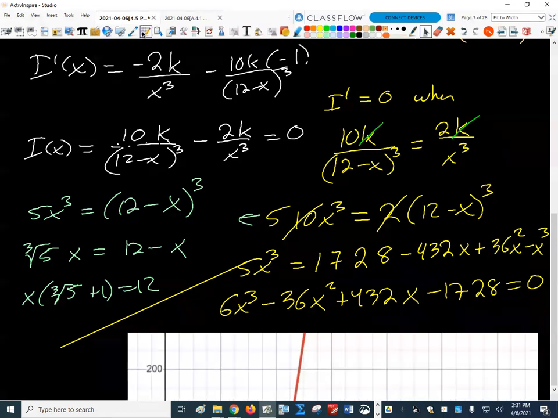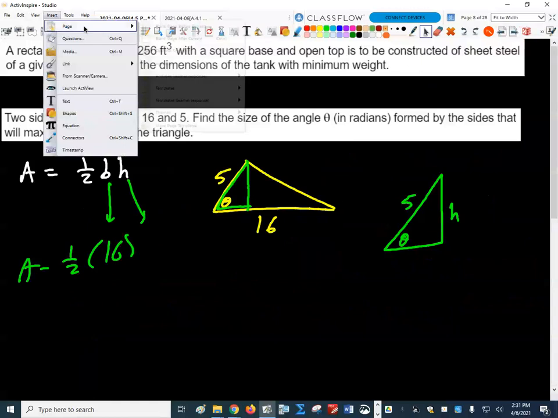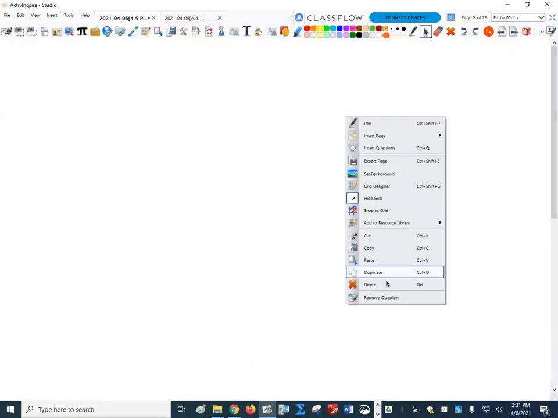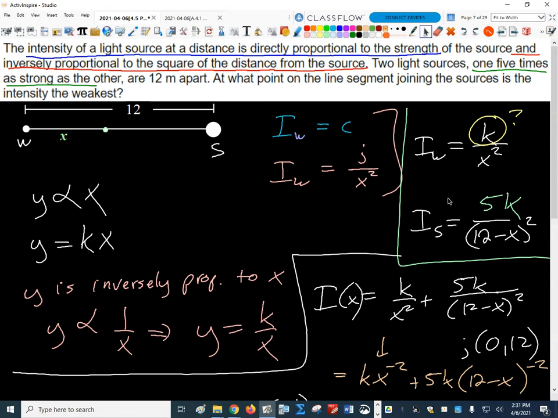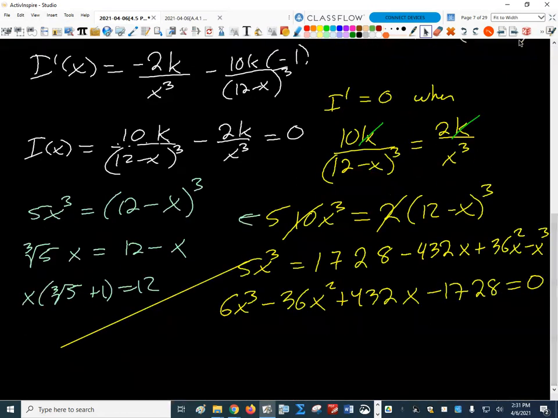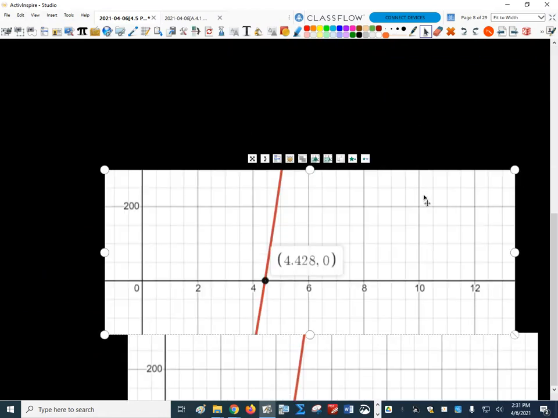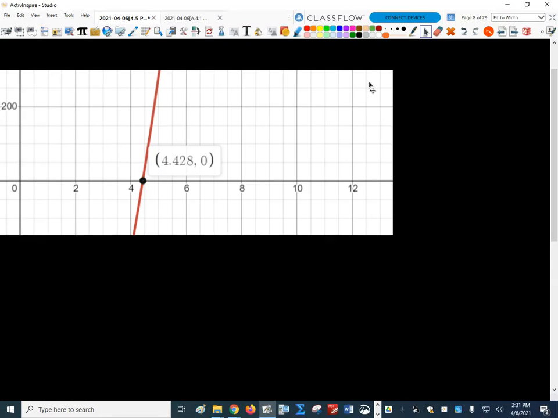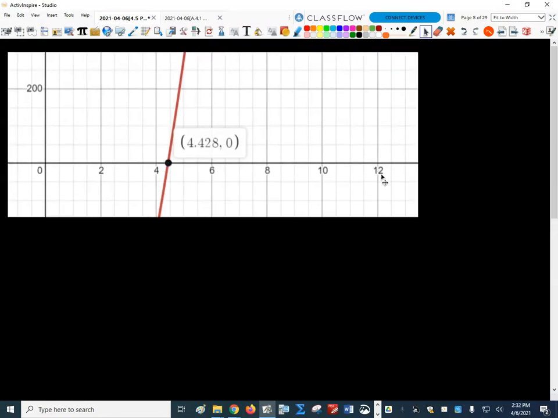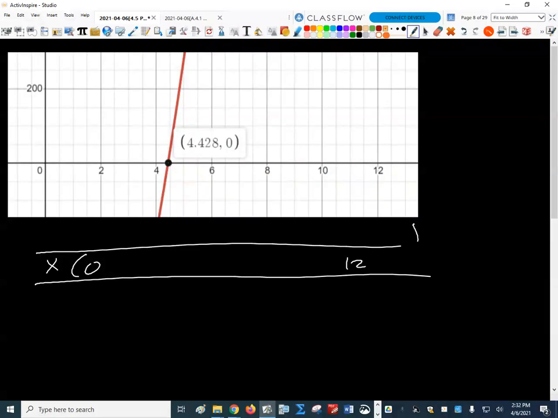But then when we make our table, we're going from 0 to 12.